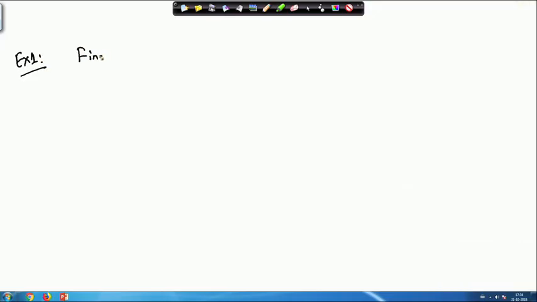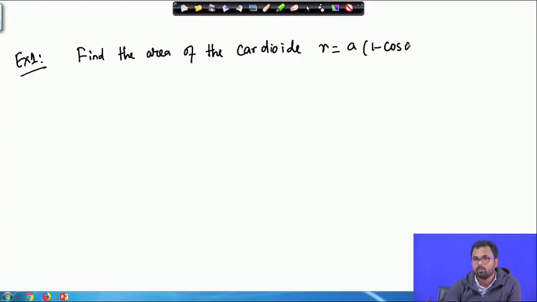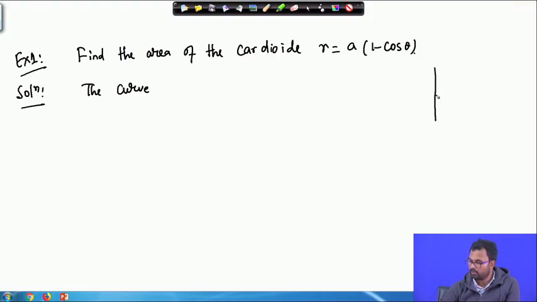Let us say we have to find the area of the cardioid r equals a times 1 minus cos theta. First of all, if we draw the cardioid, I am pretty sure you may have seen the figure for the cardioid before.